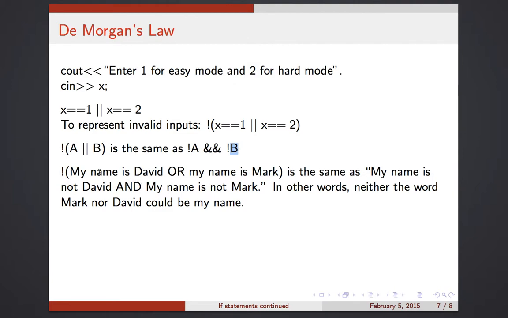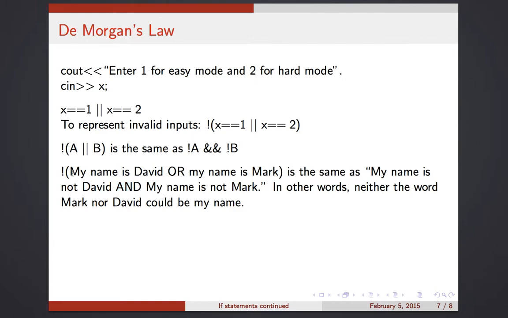So here's an example. Consider the statement, my name is David or my name is Mark. If you wanted to negate that, the logical negation is my name is not David and my name is not Mark. So I've negated each of these individual statements here, my name is David, my name is Mark, and then I changed the or to an and.